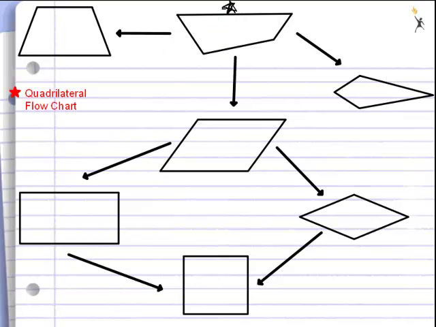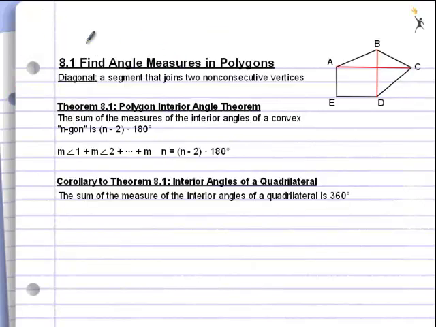Now go to the next page, and we start in section 1 dealing with the angle measures inside polygons. And before we can get to the angle measures, there's something that we need to go over called diagonals. A diagonal is simply a line segment that connects 2 vertices. A vertex is a special word for an angle.